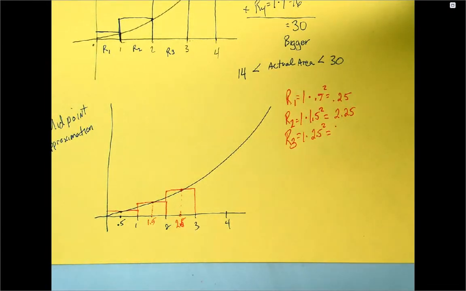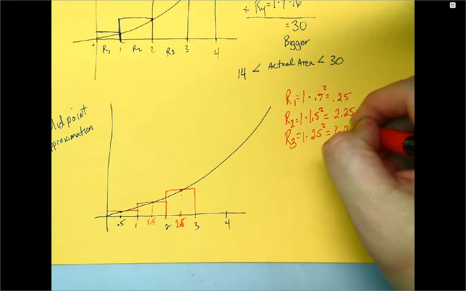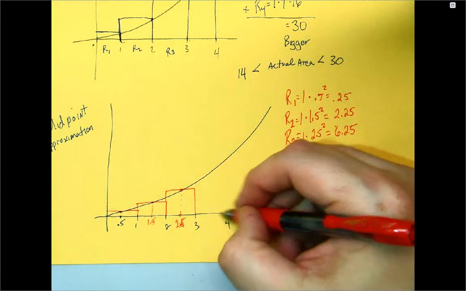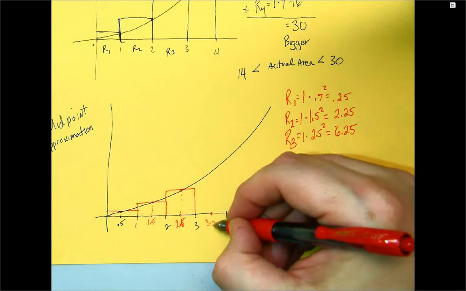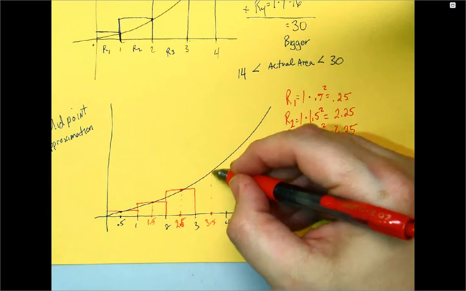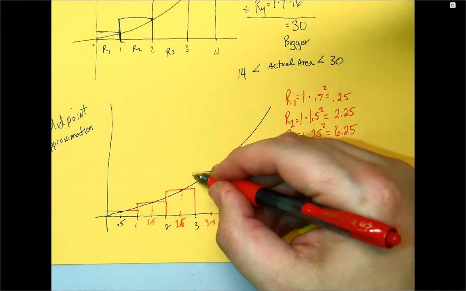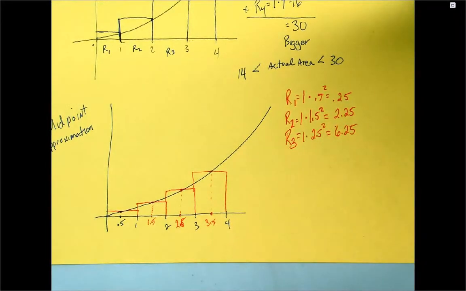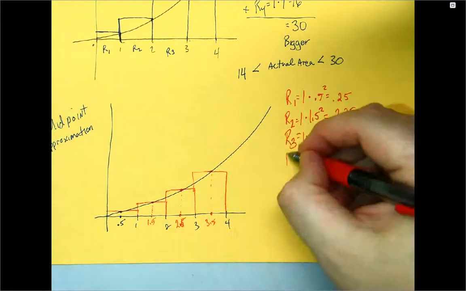Then what's the midpoint here? And so our 4 is 1 times 3.5 squared.